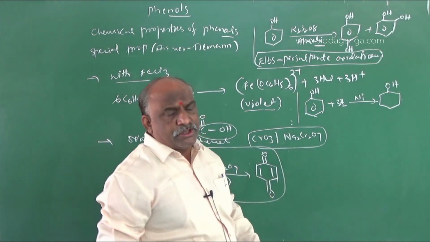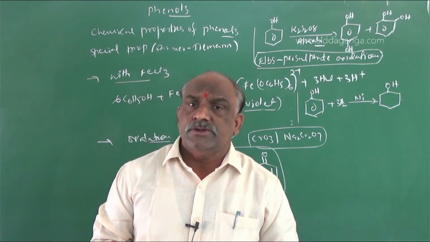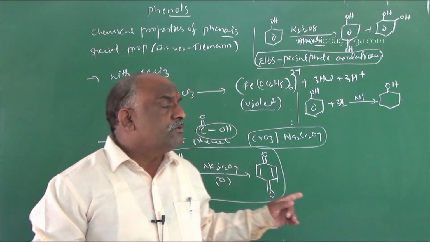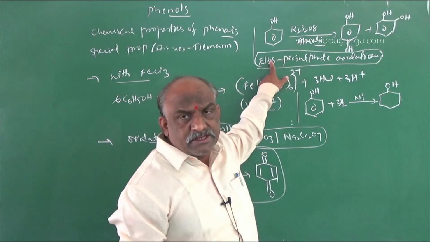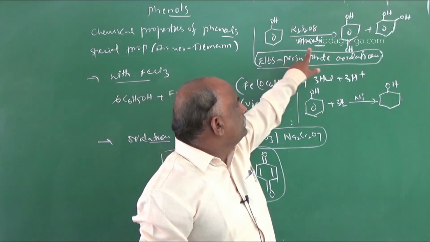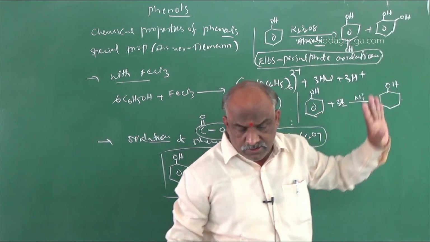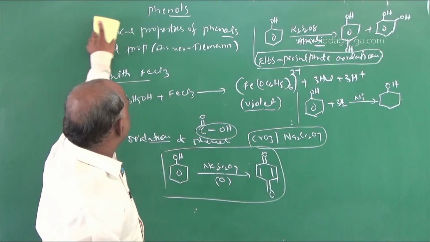To introduce one more OH group on phenol, we should go through the ELBS persulfate oxidation. It introduces an OH group at the ortho position or para position. This is hydroquinol, this is resorcinol. So this is about the remaining miscellaneous reactions regarding phenols.